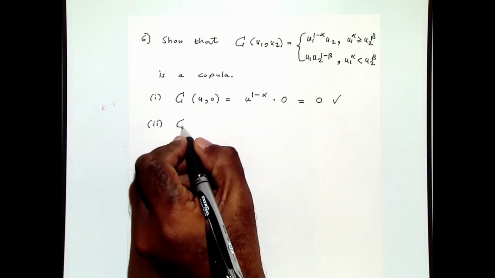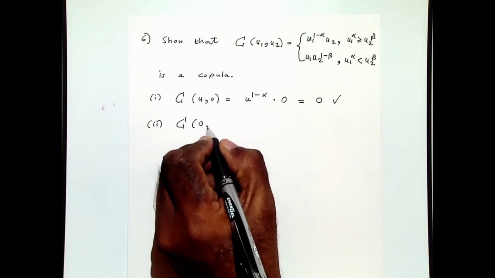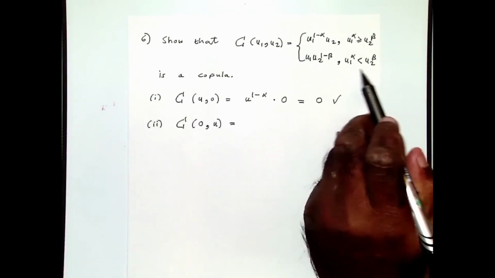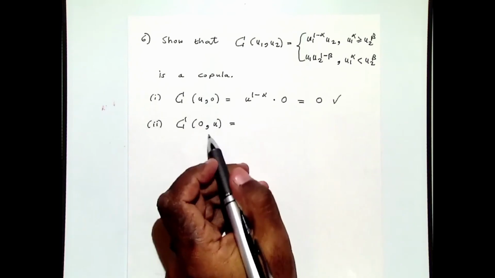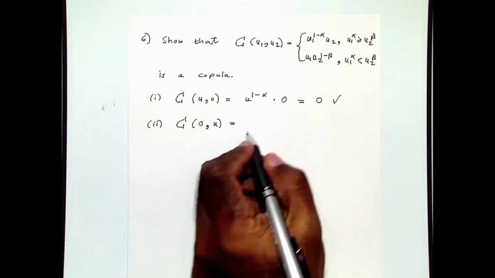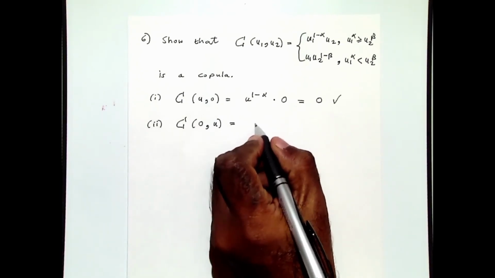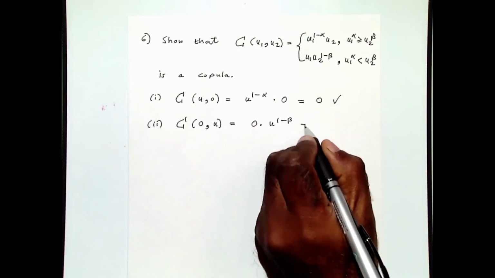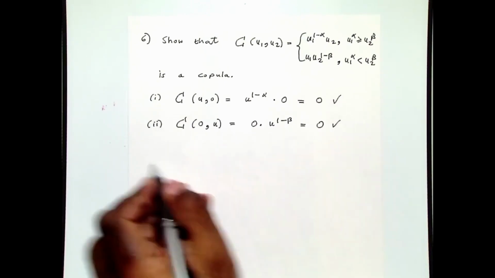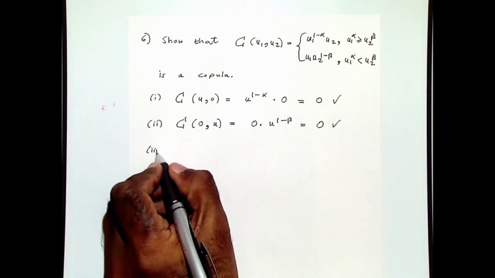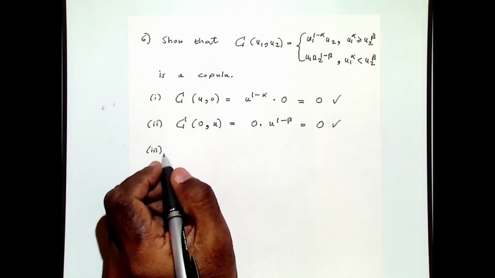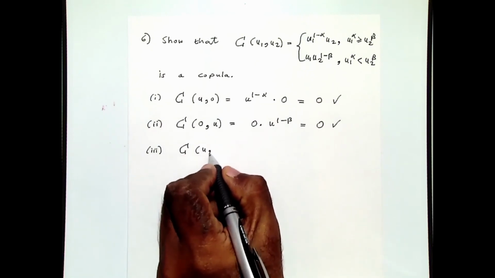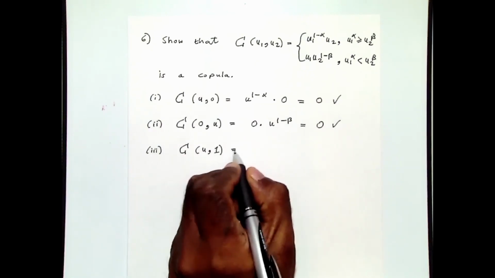Condition 2 is C(0, u). This condition is satisfied because u1 is 0. So this is going to be 0 times u to the power 1 minus beta, which is 0. And condition 3, C(u, 1).